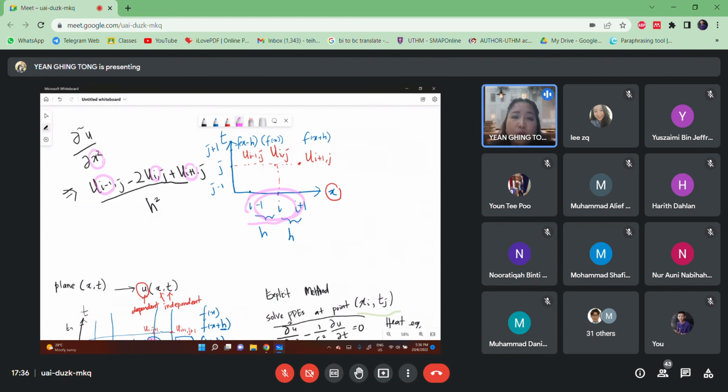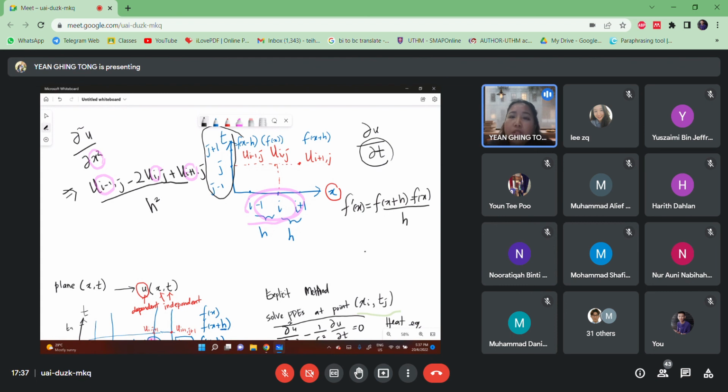Okay, so go back to just now. Another one is del u del t, remember? One more, del u del t. Because now it is with respect to t, it relates only to this side, j only. What changes is, if we use two-point forward, its first derivative formula is like this: f(x plus h) minus f(x), divided by h.